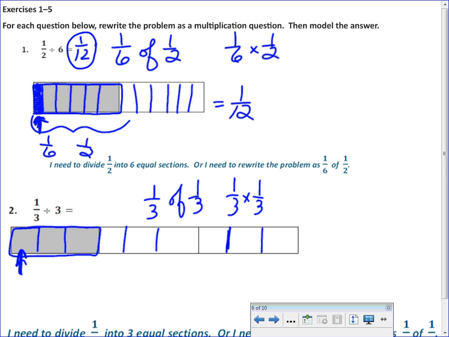Now I've divided it by 3, so what is that worth? 1 out of how many boxes? 9. So your answer is 1/9. How'd you know that it was only this one? Because that's what we shaded in. If we were dividing it by 2/3, then we'd have to look at the next section too.